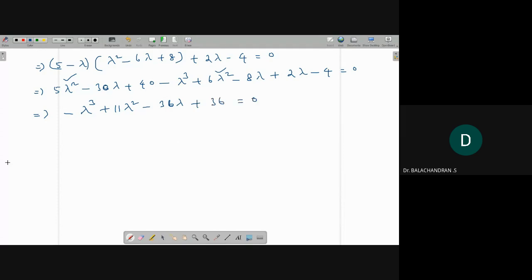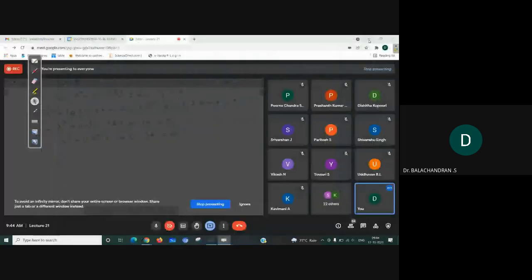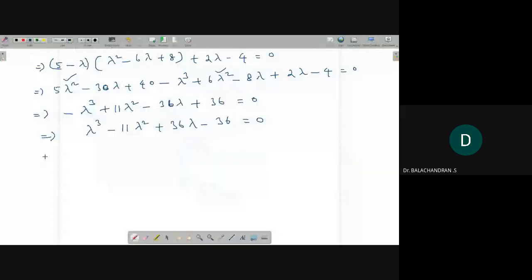Or you can multiply throughout by minus 1. The characteristic equation is lambda cube minus 11 lambda square plus 36 lambda minus 36 is equal to 0. This is the first method. I'll quickly tell the second method also.